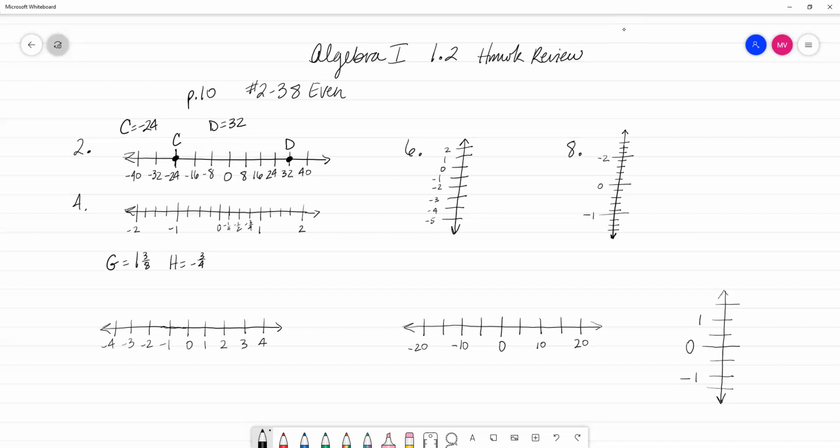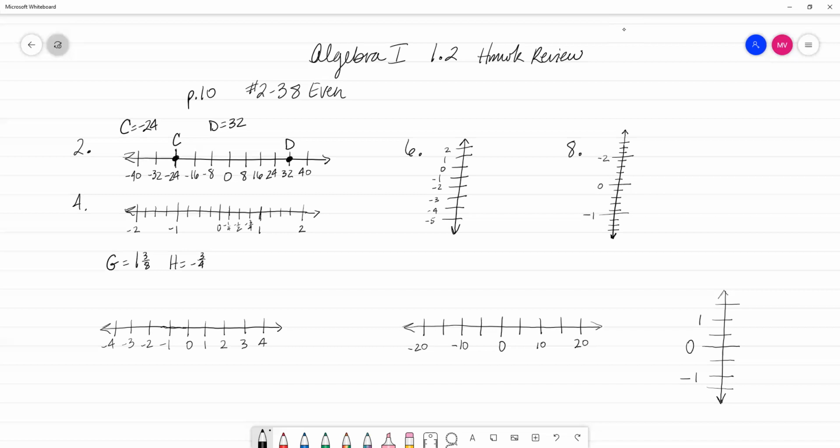When we look at G, 1 3/8, hopefully you guys can see that 3/8 is very close to 4/8, which would be half. So it's not going to be perfectly on the line segment for 1 1/2, but it's going to be just a little bit beyond.